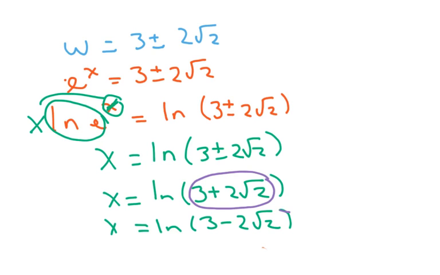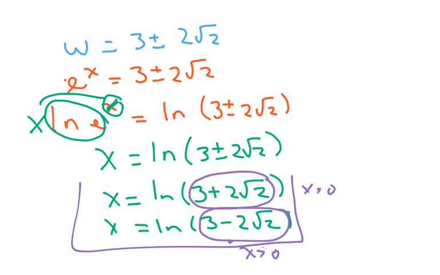This has to be positive. And when you're subtracting here, this works, because this is still going to be a positive number. So this x is still positive here. They're both positive. So you have two solutions for this. Okay? And we just want the exact solution, so you don't need to use a calculator.